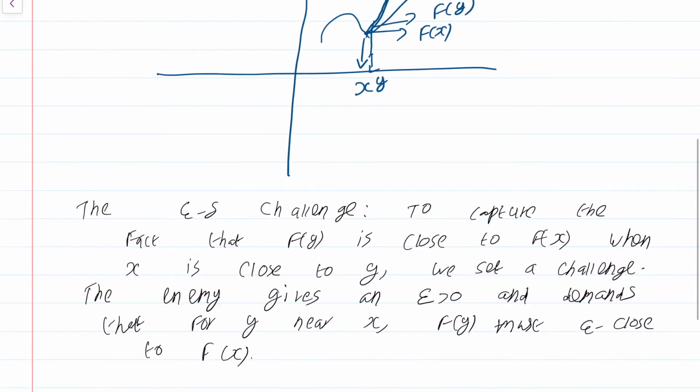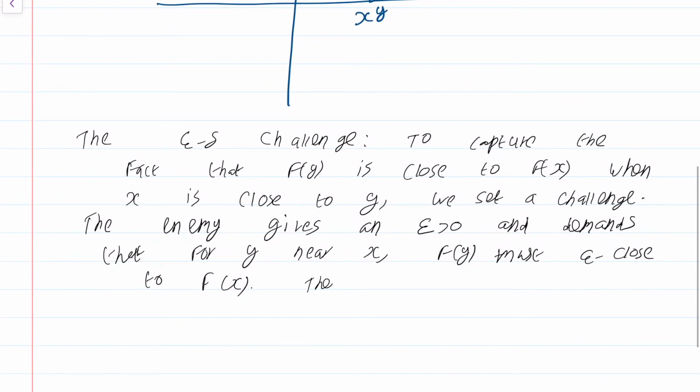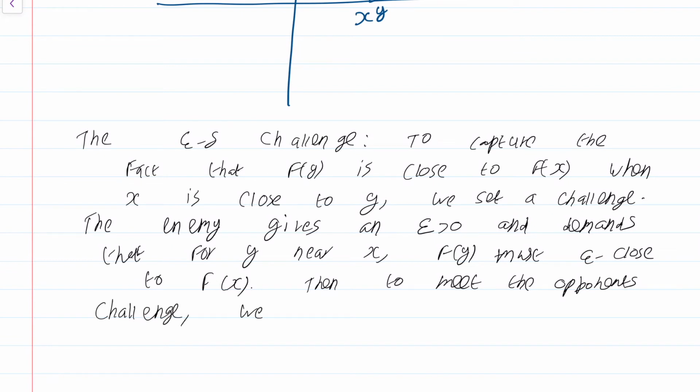Then to meet the opponent's challenge, we return a delta.